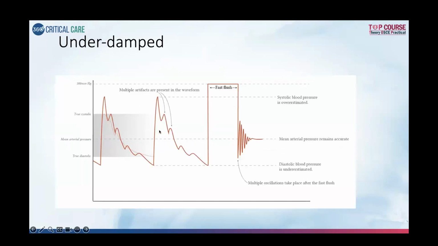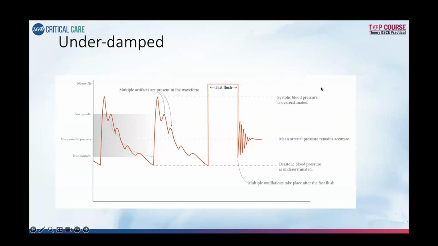Similarly, with the underdamped waveform, you can see multiple artifacts because of the high resonance of the whole system. If you do a flush test, it will take more than 2 oscillations for the system to come to baseline. But with both the overdamped or underdamped, your mean arterial pressure will remain almost the same, not always the same number, but almost the same.